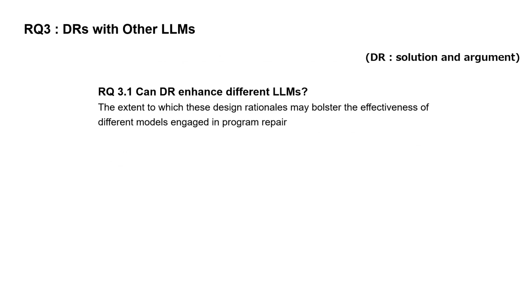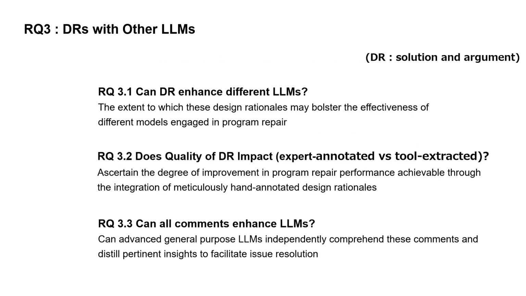We further explored the application of design rationales across different size models, analyzing them from three perspectives. First, we verified the enhancement effects of design rationales on different large language models. Second, we compared the improvement of manually annotated design rationales with those extracted by tools.